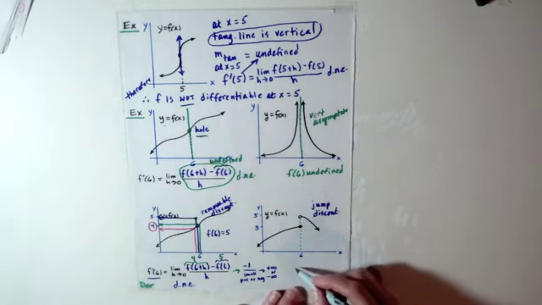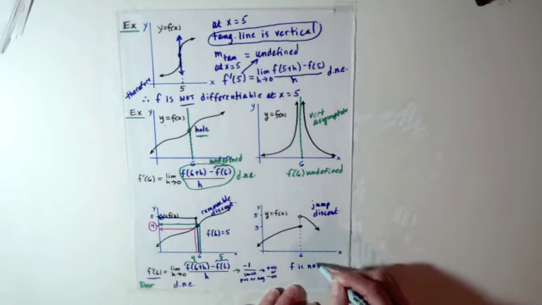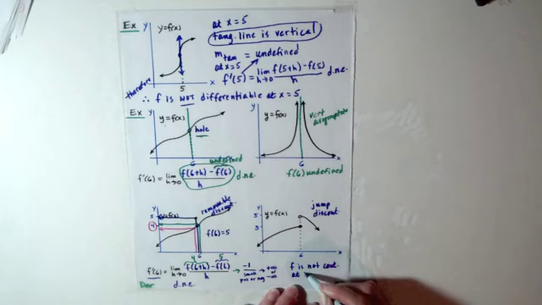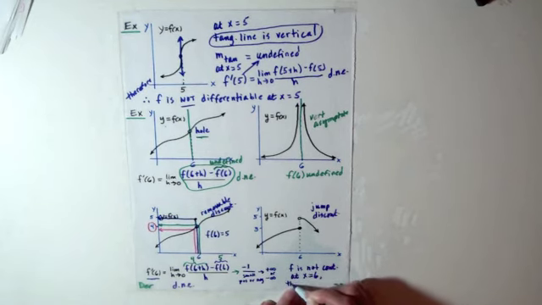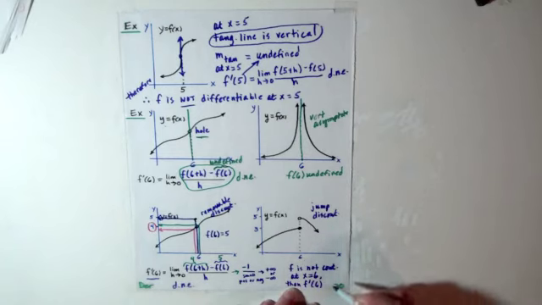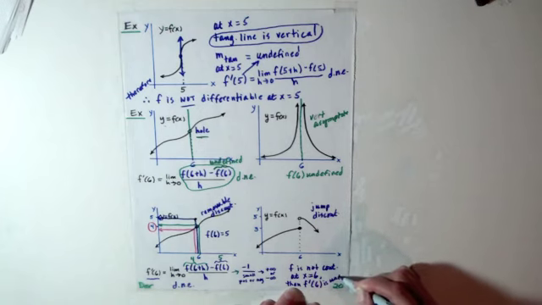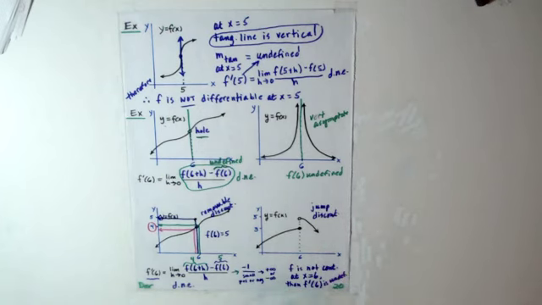And what we're noticing in all of these things is that if f is not continuous at x equals 6, then f prime of 6 is undefined. That limit does not exist. And so f is not differentiable at such a point.